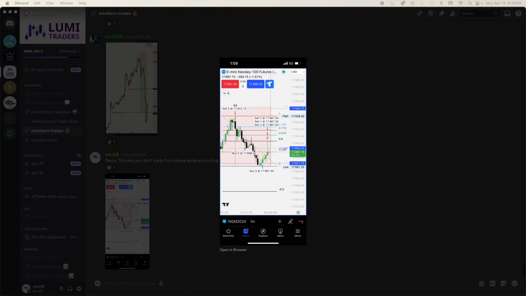I don't know where we went to. Here's 2.5. Here's -1. Right, so that's where we went to. But ideally, when we have a market maker model, that accumulation, manipulation, and distribution, that manipulation is what we want to take, so from here to here, to see them run up.